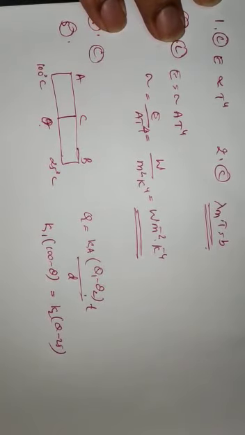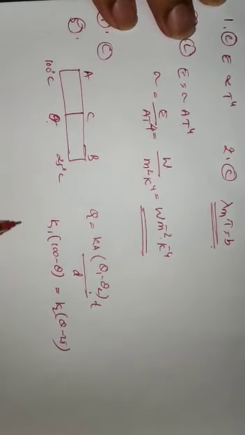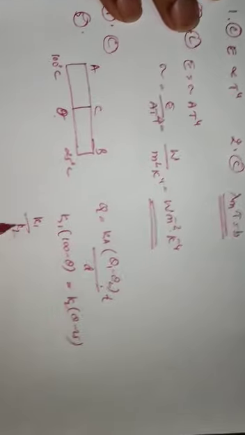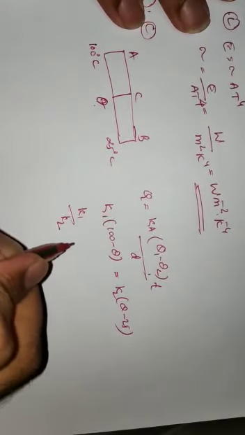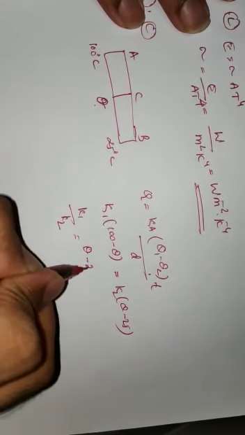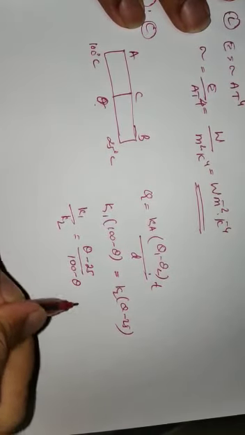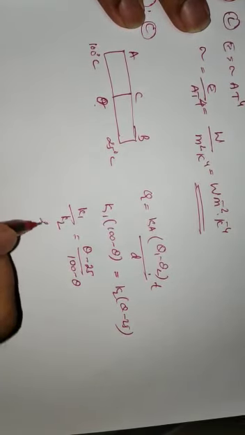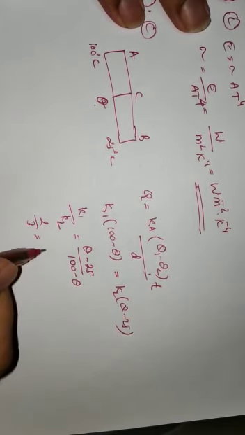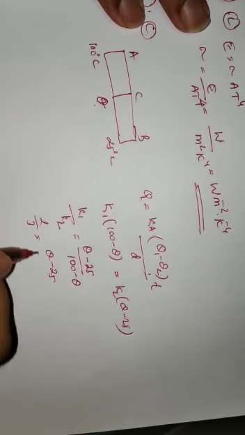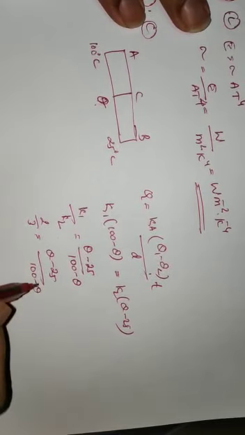Or K1 divided by K2 is equal to (theta minus 25) divided by (100 minus theta). Or 2 by 3 is equal to (theta minus 25) divided by (100 minus theta).